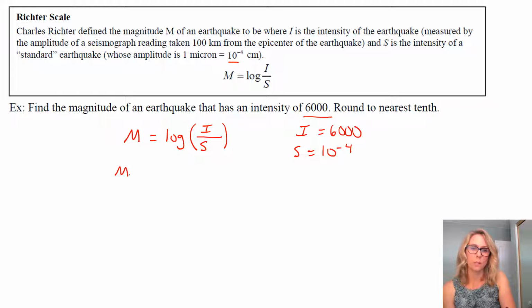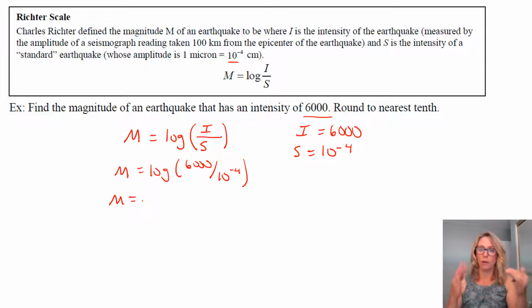And so now it's just plug and chug. We're plugging in the values, I, dividing that by S, and you put that in your calculator. The log of that whole thing needs to be inside the logarithm. Notice my parentheses there.